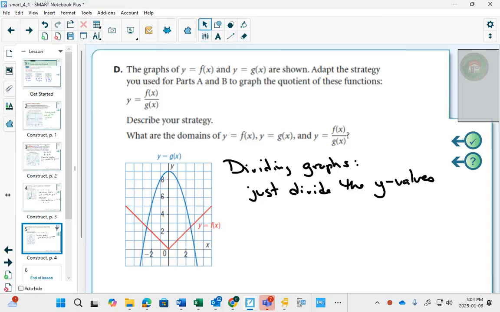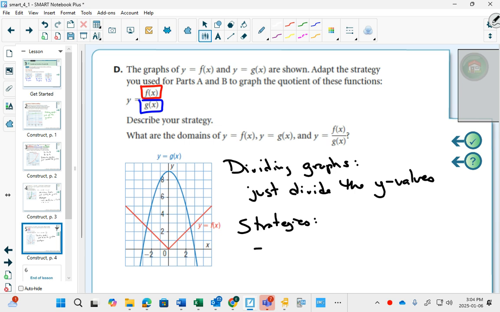Okay? So, I'm going to color code here. We are doing f of x is the red graph. I'm going to put a red box around that. G of x is the blue graph. So, as far as strategies go, we can't divide by 0. So, we're dividing by the blue one. I'm going to write this in blue.